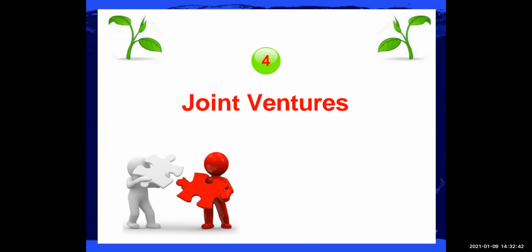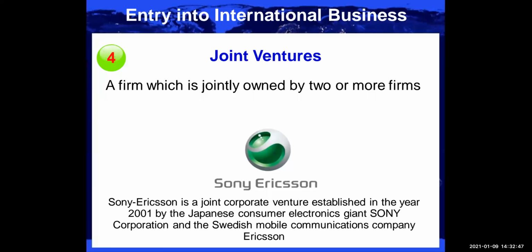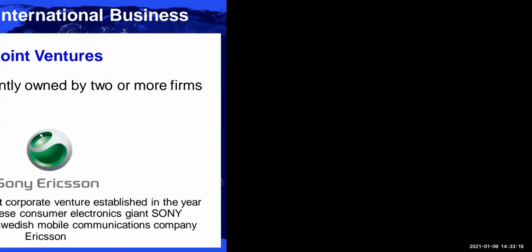The fourth mode of entry into international business is joint ventures. So you can also enter into the international market through a joint venture. Now, a joint venture is a firm which is jointly owned by two or more firms. Example, Sony Ericsson. Sony Ericsson is a joint corporate venture which was established in the year 2001 by the Japanese consumer electronics giant Sony Corporation and the Swedish mobile communication company called Ericsson.